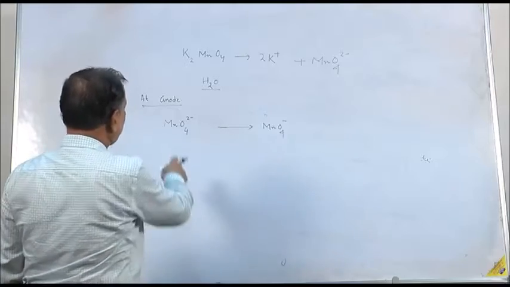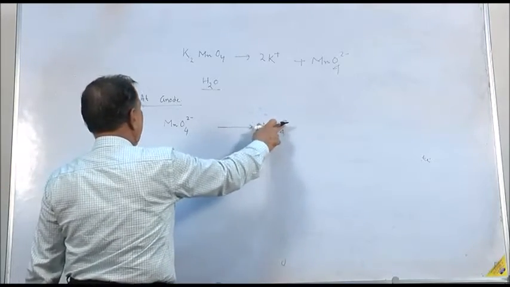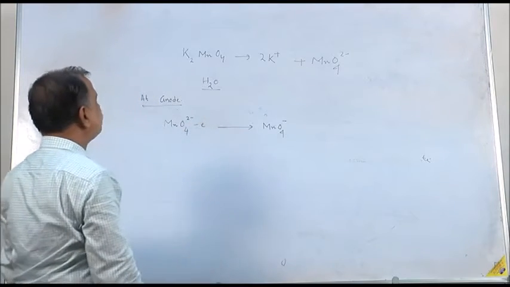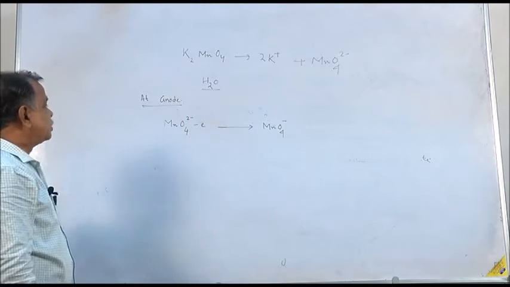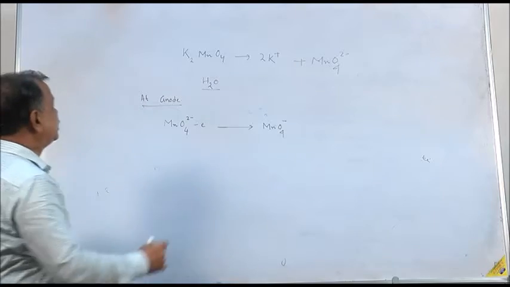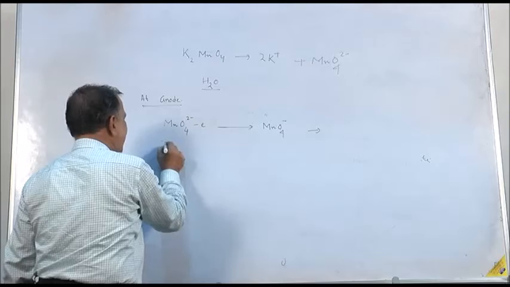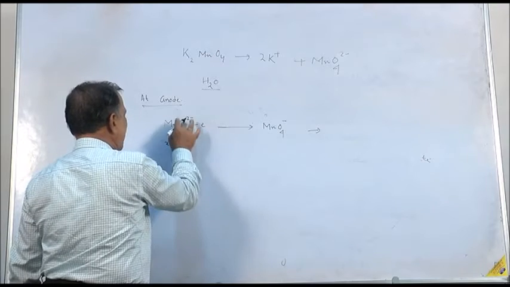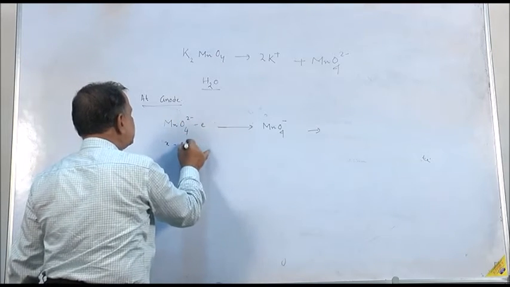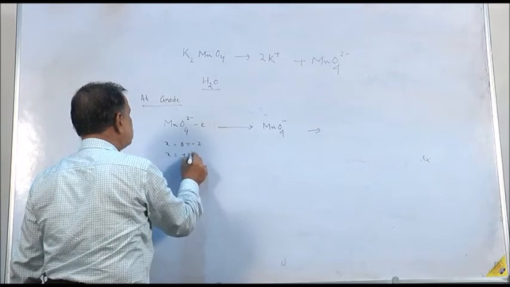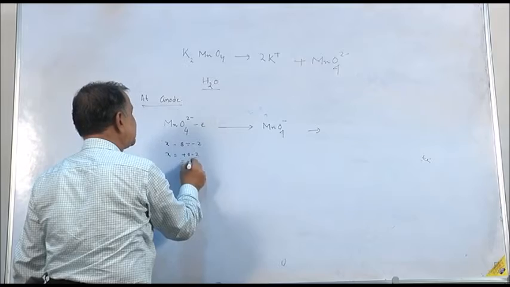Losing one electron, it will form MnO4 minus. So this is loss of electron. Here oxidation takes place because Mn is X, minus 4 times 2 is minus 8 oxygen, equal to minus 2. X will be plus 8 minus 2, that is equal to plus 6.